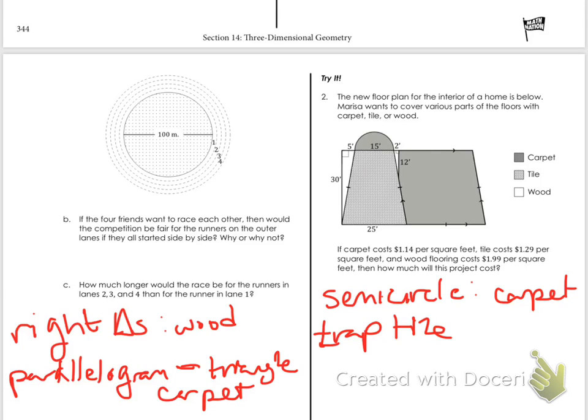We've got a trapezoid that's got bases of 15 feet and 25 feet and a height of 30 feet. So the area of a trapezoid is 1/2 the height times the sum of the bases.